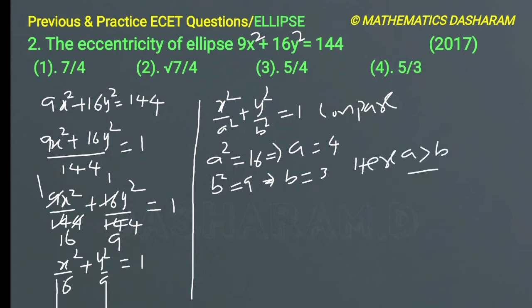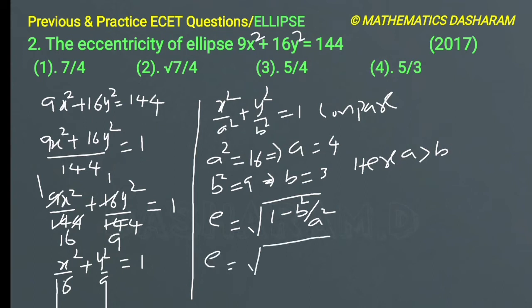When a is greater than b, the eccentricity formula is e equals under root 1 minus b square divided by a square. If a is less than b, we have another formula for eccentricity. So e equals under root 1 minus b square, 9, divided by 16.